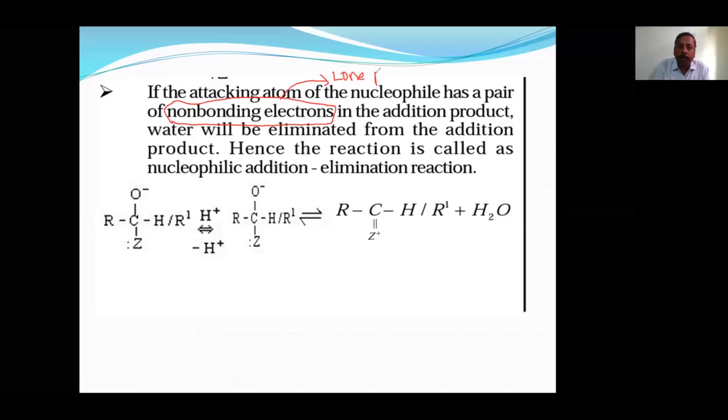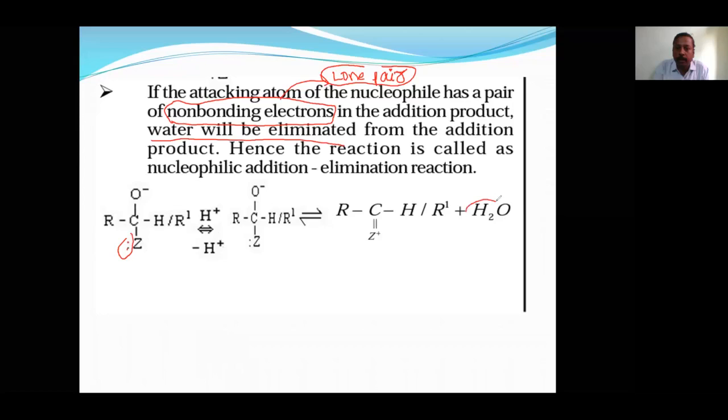Why am I giving you this tough word? Because in the examination, if they use it, you should know what that means. Non-bonding electron means lone pair. Then it will form the addition product. Then water will be eliminated from the addition. See here, this is a lone pair. So this is called a non-bonding electron.